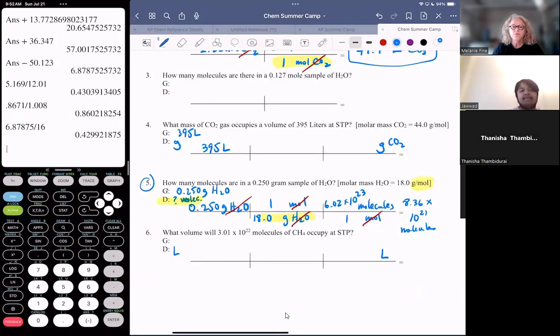So then on the bottom, on the next section, what do I put? 22.4. Well, let's do units first. What unit goes in the bottom?